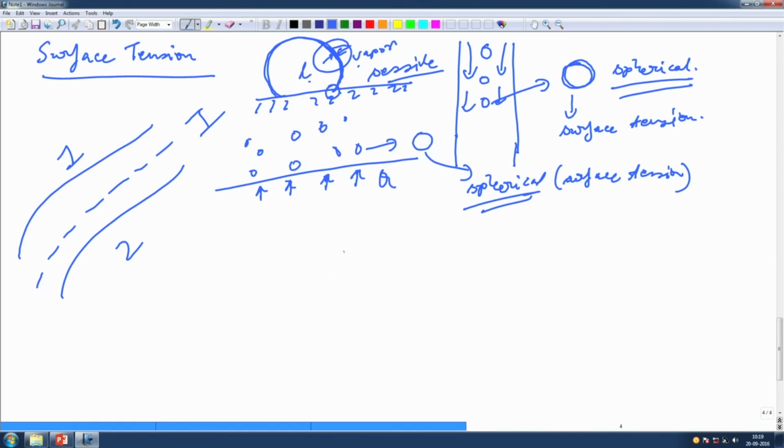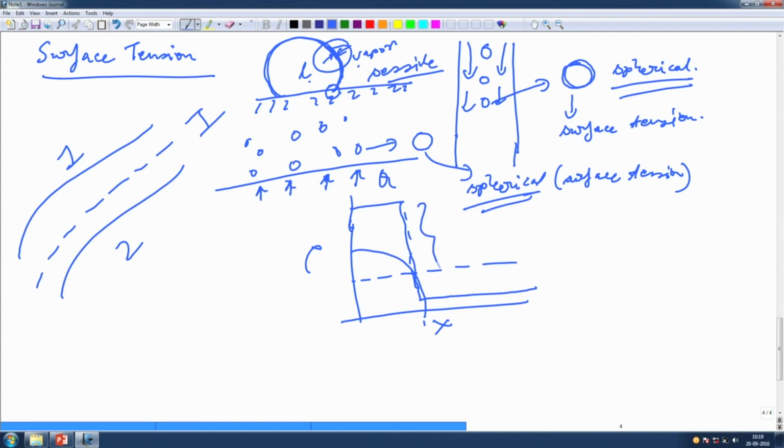So, if you want to just plot the density for example, if this is the bubble, if this is the droplet, the density will be very high, this is rho, and for this cut section, let us term it as x. What will happen is that the density will be very high right up to the interface, then it will attain a sharp drop, and it will come to a value over here, and this drop in the case of liquid and vapor is of the order of 1000.